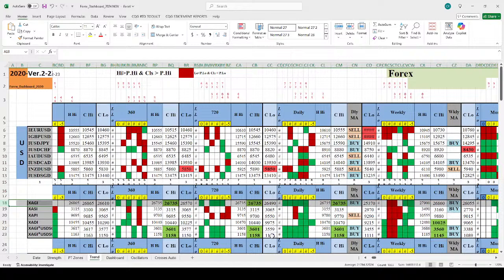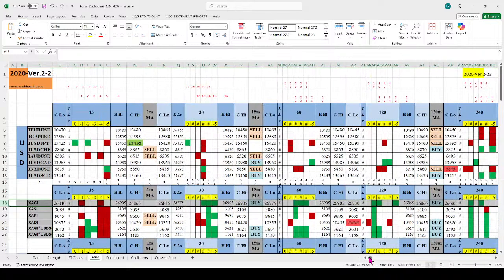On the other hand, since we have seen a red candle on the 15 minute, there is a signal that a minor high is seen, but of course this is not a confirmed signal, so I would say it's 50-50.